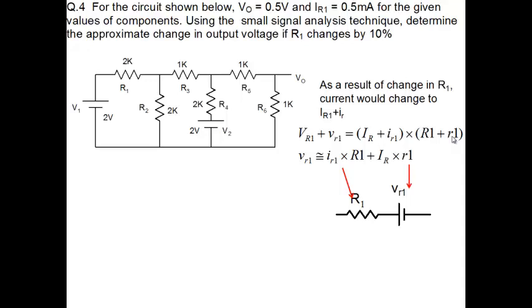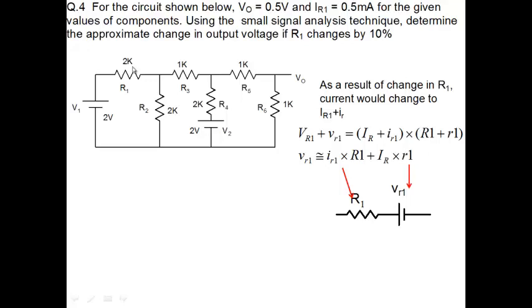In a first order approximation, the product of two small quantities is small, so we neglect it. There's nothing telling you that you have to do it. You can include it also. But as a first order approximation, we say the changes are small, so the product of two small changes is negligible. We ignore that, and ΔVR1 turns out to be like this.